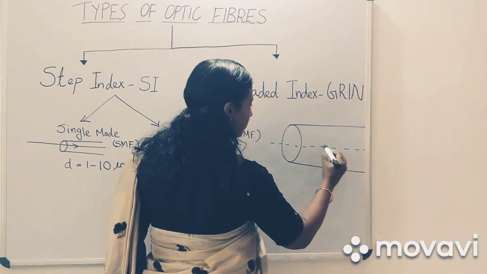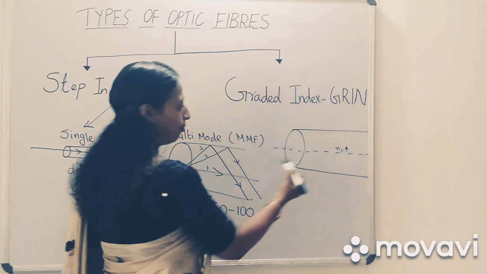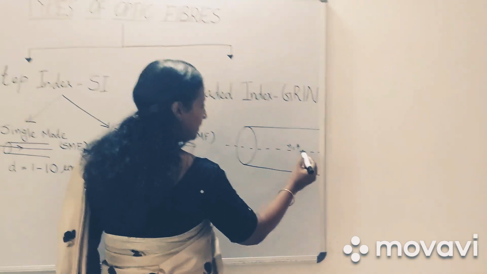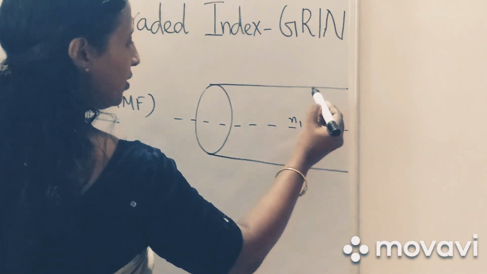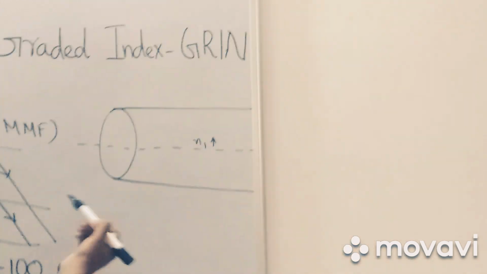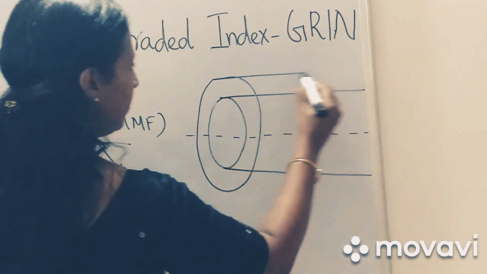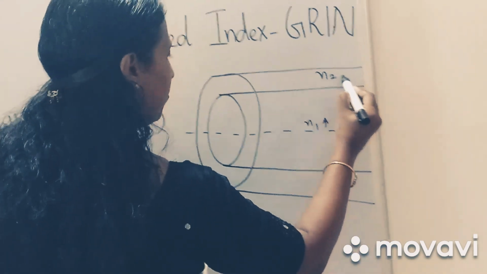Here we can make a high value of refractive index by a proper doping process. From the center towards the cladding region, the refractive index decreases. This is the cladding, but the cladding has a constant refractive index N2.